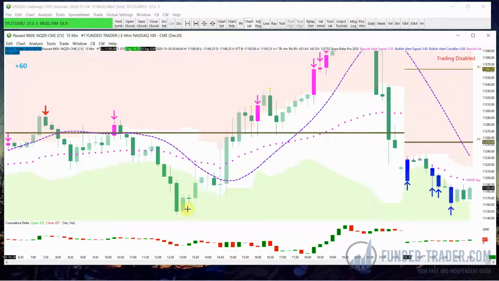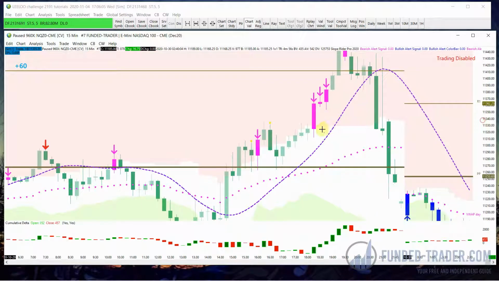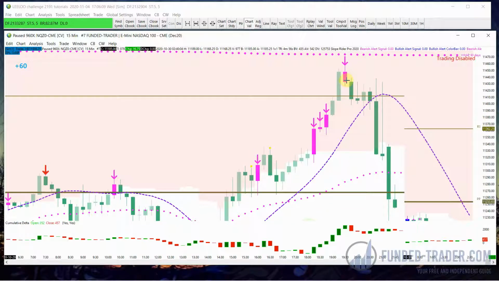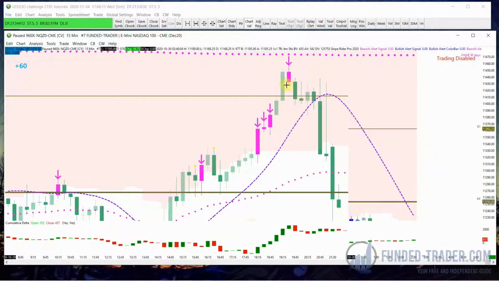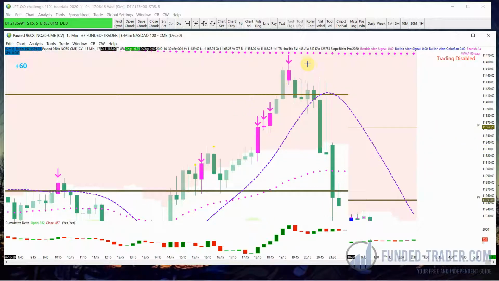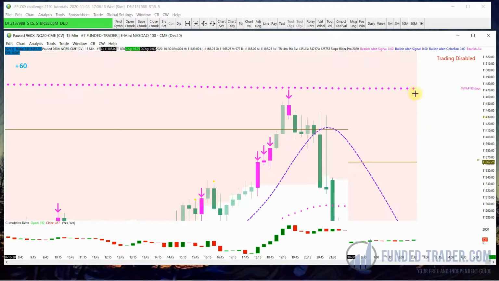So this was a profitable trade, and then there were no trades until the highly profitable one at the end of the day. Even if you don't take them because the stop loss is too wide or risky or not, which it wasn't on this occasion, especially with a nice protection from resistance, VWAP 90 days.